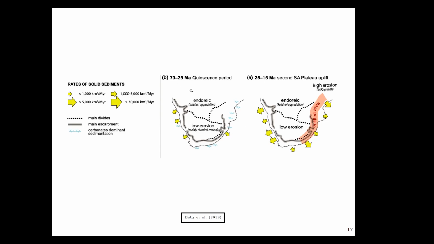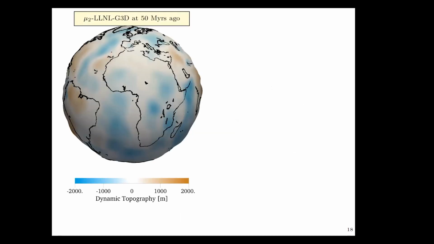Much of this period between 17 and 25 is a quiescence period, with another phase of uplift between 25 and 15. Now, this is where it gets interesting, because the same model that we saw for previous regions actually behaves differently than these observations.